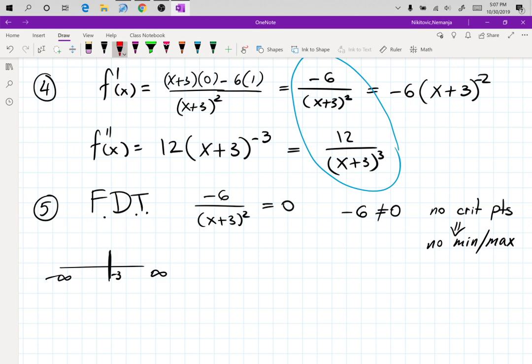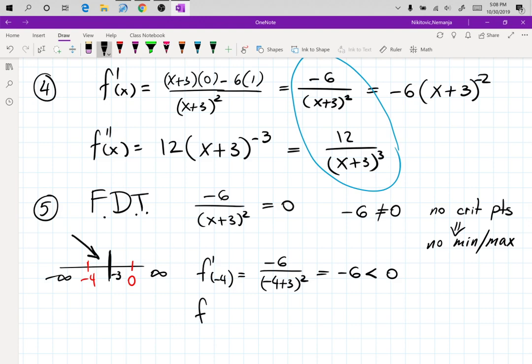We pick 2 points, negative 4 and 0, and we do our first derivative test. So f prime at negative 4 is negative 6 divided by (negative 4 plus 3) squared, which is negative 6, less than 0. So we have going down. Yes, I know that 1 over x goes down. So right, it's decreasing. So that's awesome.